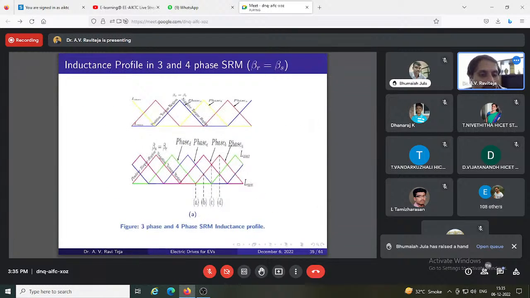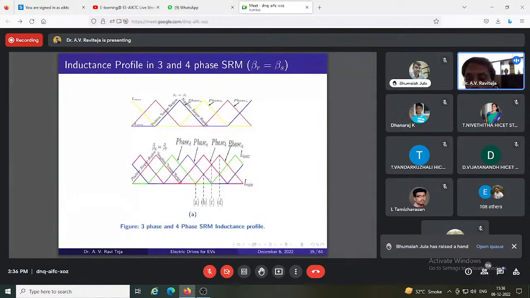In the overlapping of four phases, if you observe here, the other phase is overlapping, the third one third region is overlapping with this phase, and similarly this period only the blue phase is conducting, and this period there is again an overlap with the pink phase, right? So we only are seeing the positive slope region because we are now interested in only motoring mode, right?